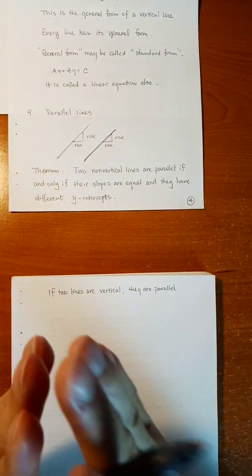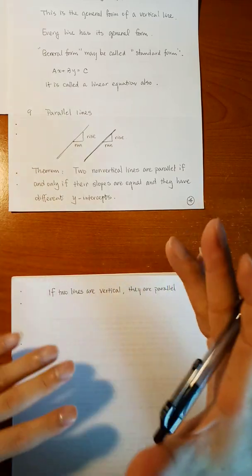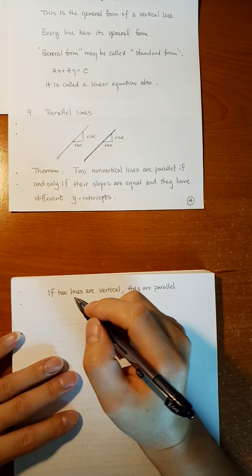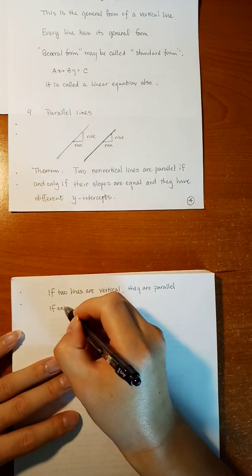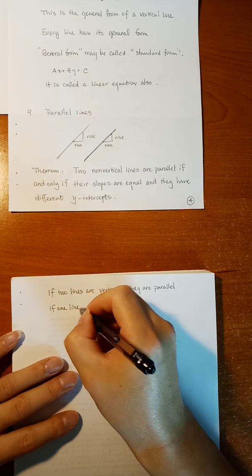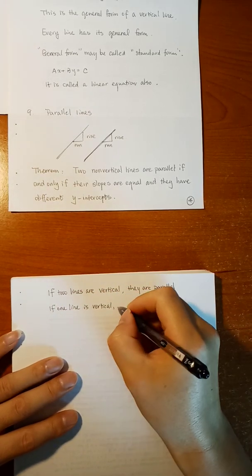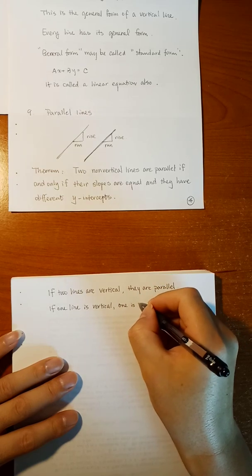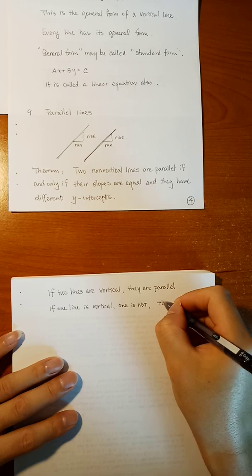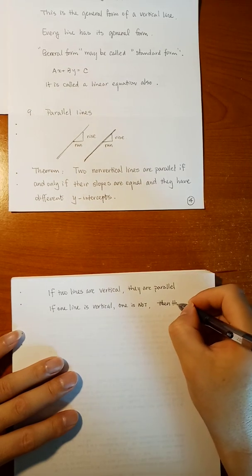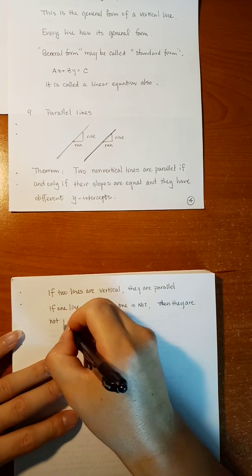But if you have one vertical line, one non-vertical line, they are never parallel. Okay, so if one line is vertical, one is not, then they are not parallel.